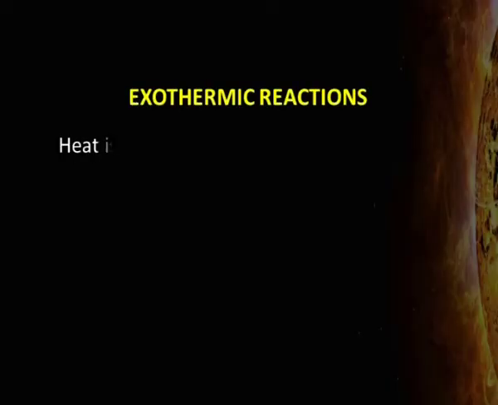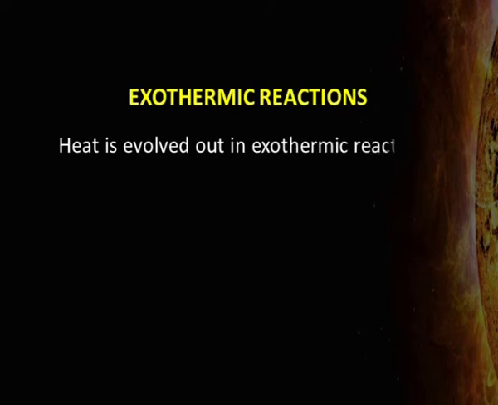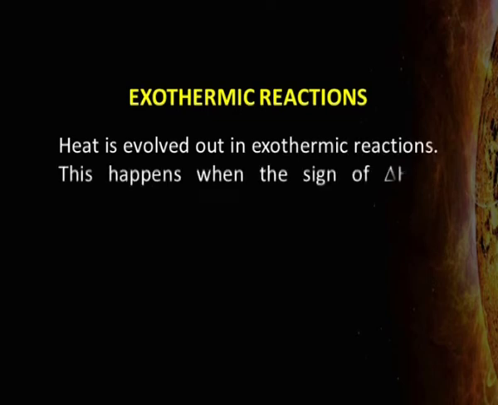There are two types of thermochemical reactions based on energies. These are exothermic chemical reactions and endothermic chemical reactions. First, we are going to discuss exothermic reactions. Heat is evolved in exothermic reactions. This happens when the sign of delta H is negative.